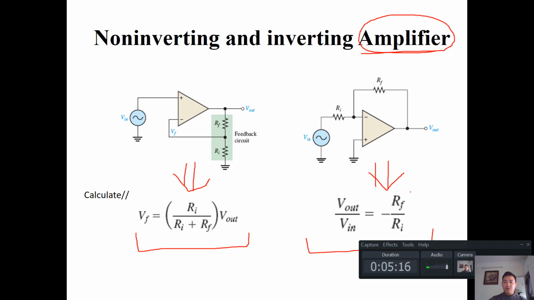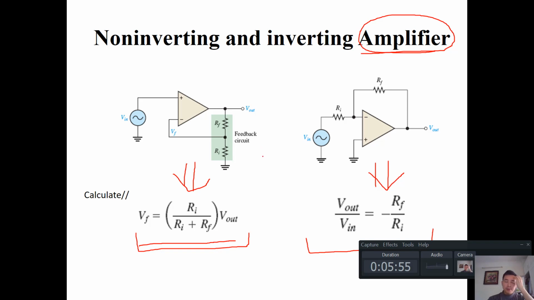I just showed you in the course when we learned online, and we recall that with the non-inverting circuit, the output and the input do not change in phase. And for the inverting circuit, the output and the input are inverted in phase. You can see that in the formula.